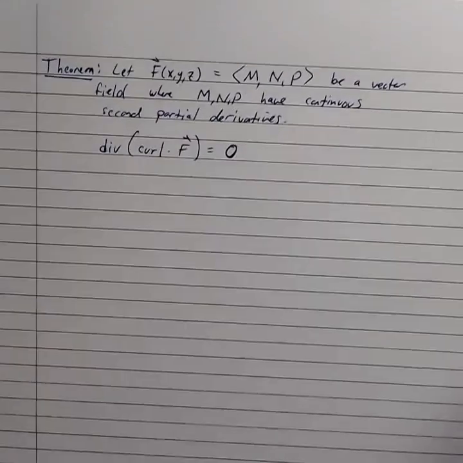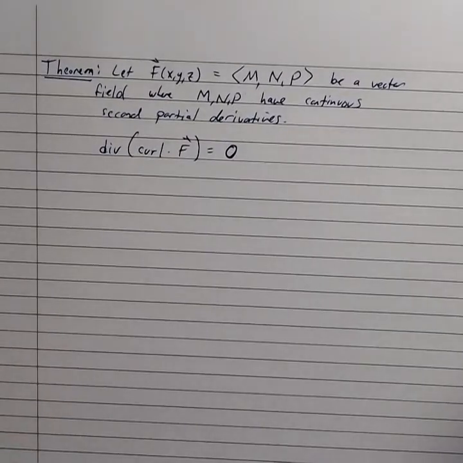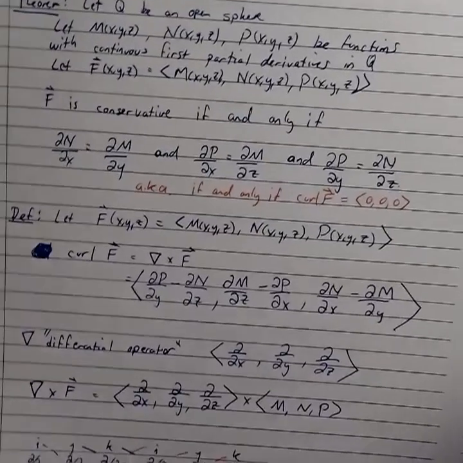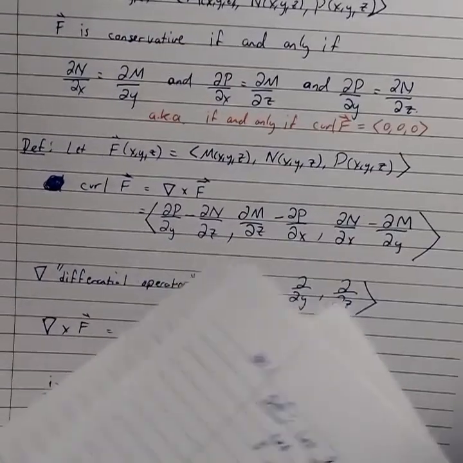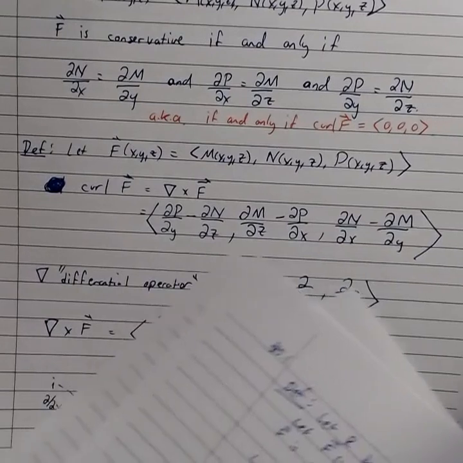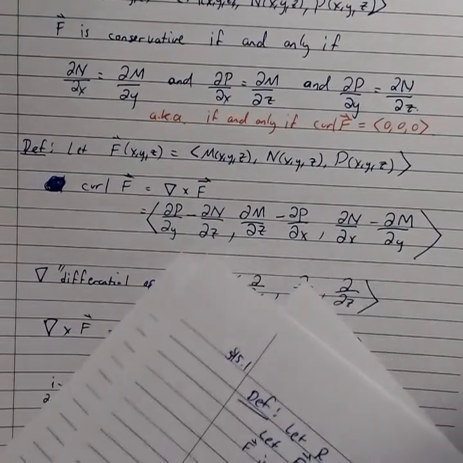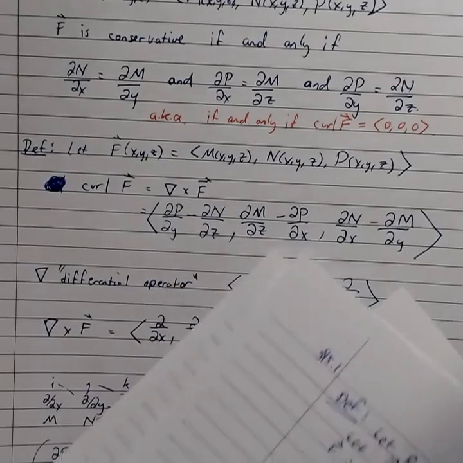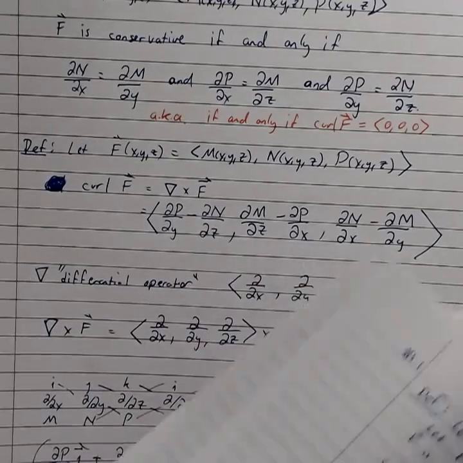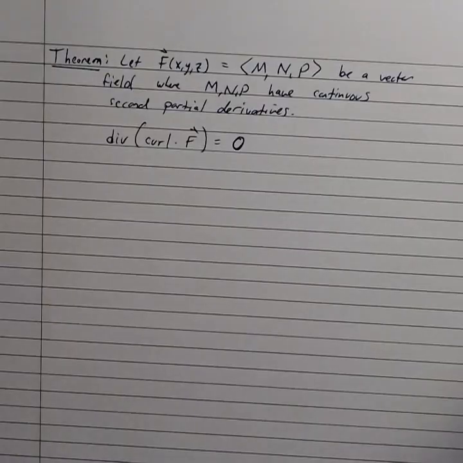You have the definition of the curl of f. You can either use the mnemonic or you can just use the definition outright, but either way, we know the curl of f is given by this, right? There's the curl of f. Okay, now take that curl and take its divergence, and that is to say, take the derivative with respect to x, the derivative with respect to y, the derivative with respect to z, and you'll quickly see what happens.